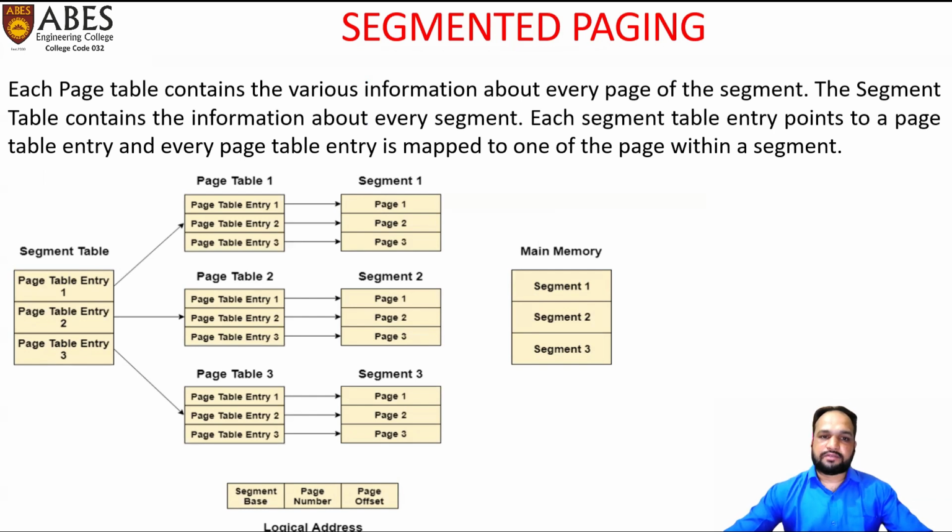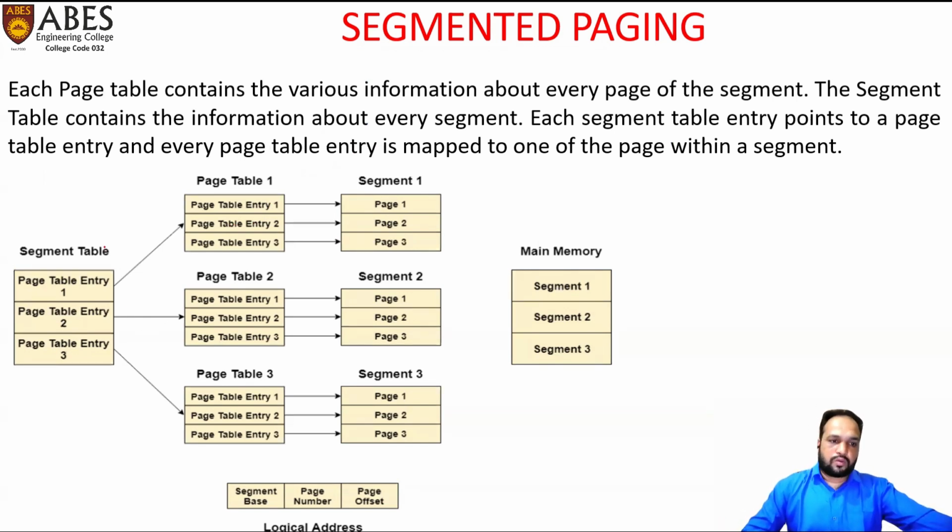So each page table contains the various information about every page of the segment. The segment table contains the information about every segment. Each segment table entry points to a page table, and every page table entry is mapped to one of the pages within the segment.